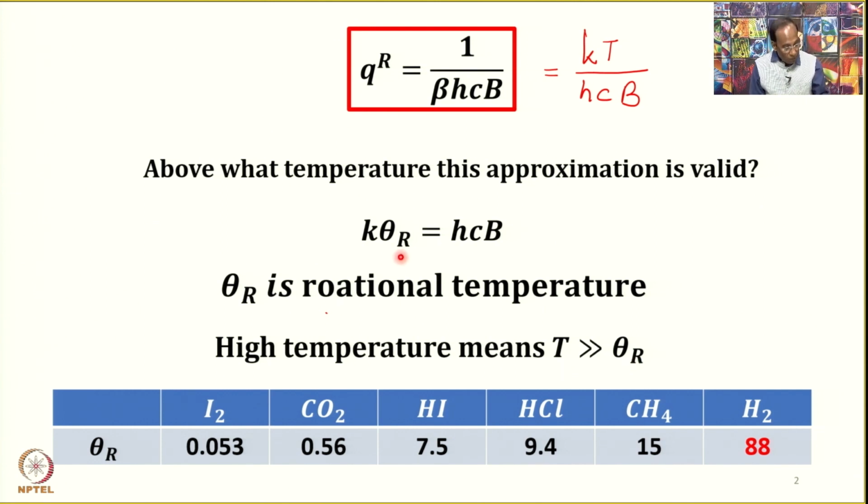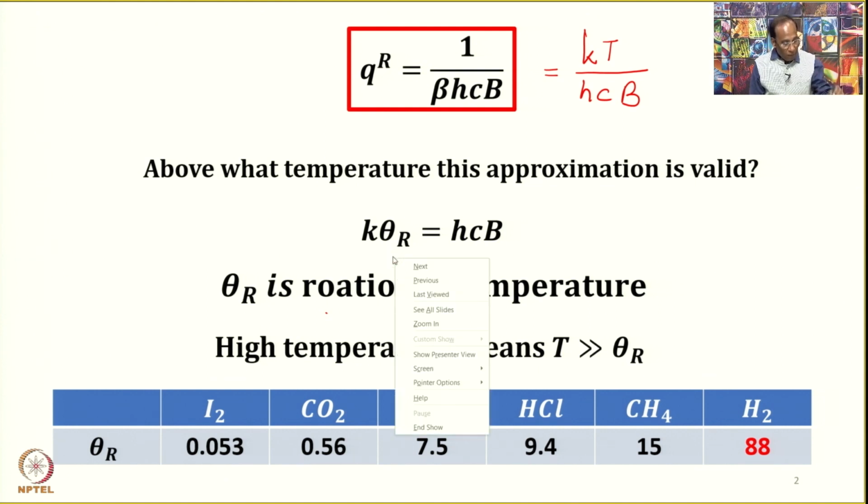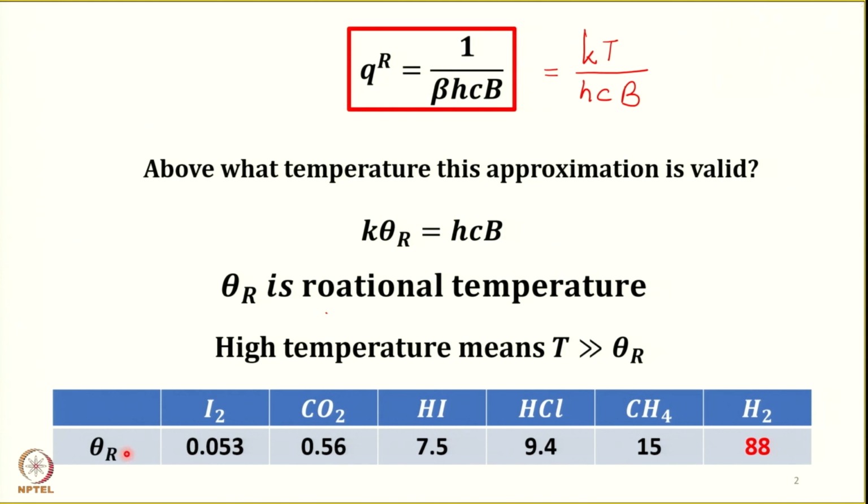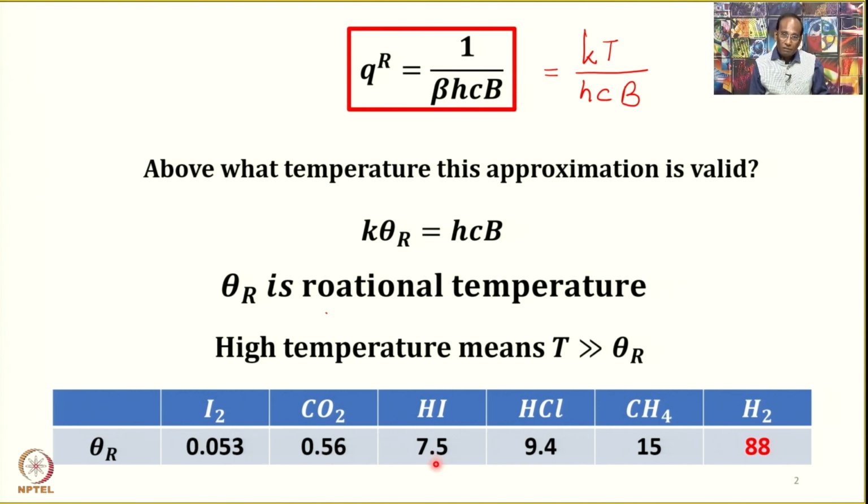The rotational temperatures calculated by this expression for some of the molecules are given in this table. For example, for iodine 0.053, for carbon dioxide 0.56, for hydrogen iodide 7.5, for hydrogen chloride 9.4, methane 15, hydrogen 88.